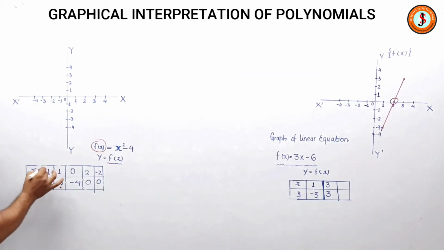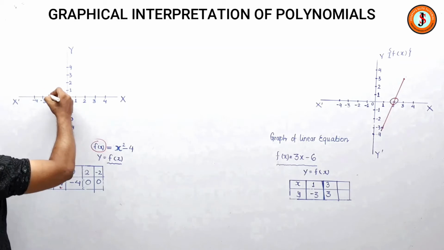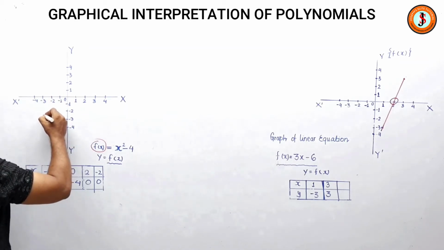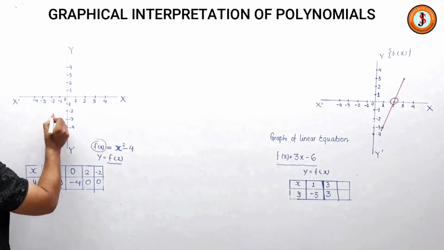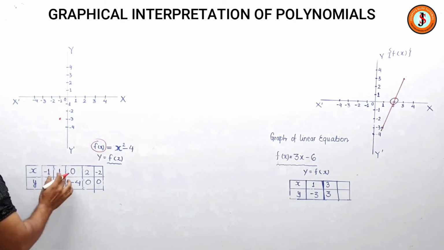Now remember, if you take a negative value, take the same positive value for a quadratic polynomial, so that you will understand the nature of the graph. So x is minus 1, y is minus 3. X is plus 1 and y is minus 3.